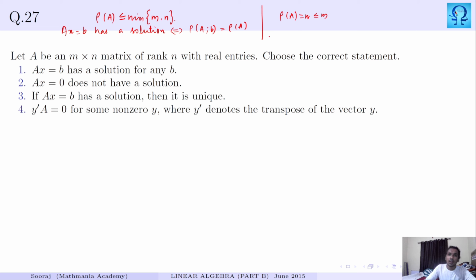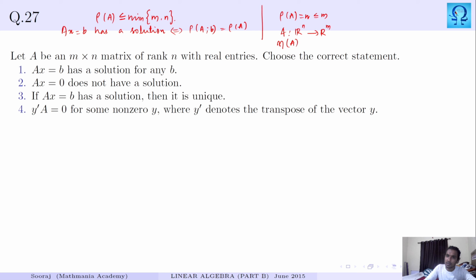And how can we treat this matrix A? This can be treated as a linear transformation from Rn to Rm. The associated matrix is A. So these are the possibilities in which the problem can be dealt with. By the rank nullity theorem, what do we have?